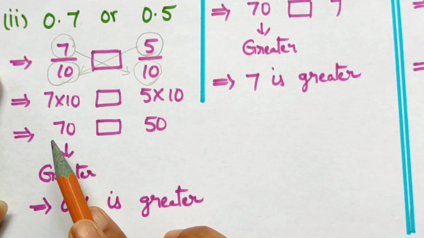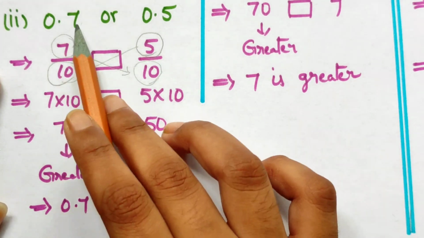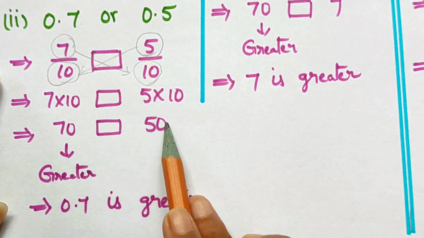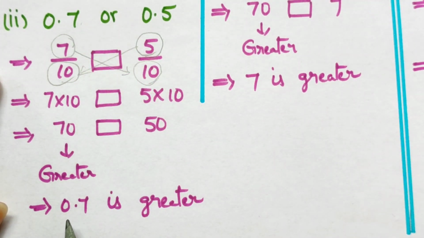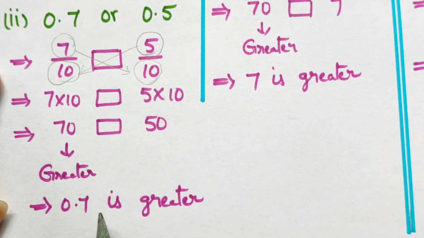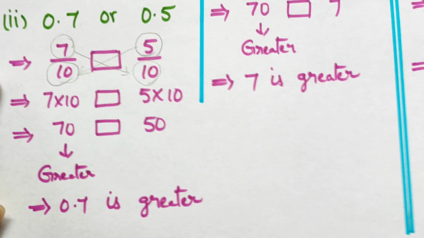Clearly 70 is greater than 50. 70 means 0.7, 50 means 0.5. So that implies 0.7 is greater. With this, the second bit gets completed.